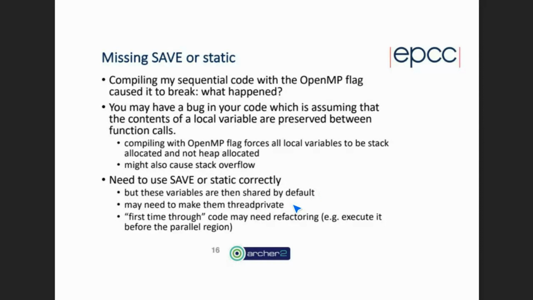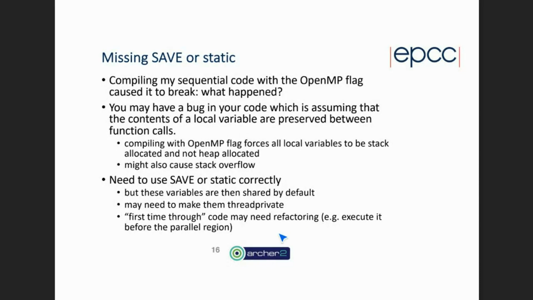One fairly common pattern that relies on using save or static is first time through code. I have a block of code at the beginning of my function, and I want it only to be executed once, the first time the function is called. So I'll execute it and then set a flag, which means that block's not going to be executed on subsequent calls.